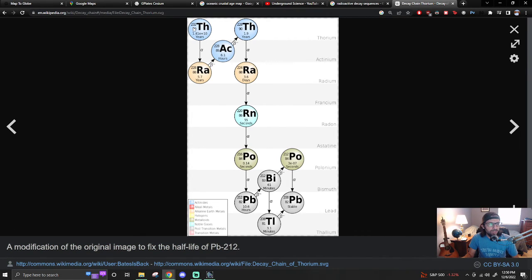Okay, so we got 232 mass, right? And then it goes to 228 mass. But then from 228 mass, it goes over to different protons.